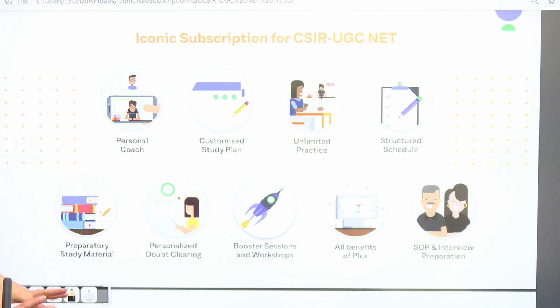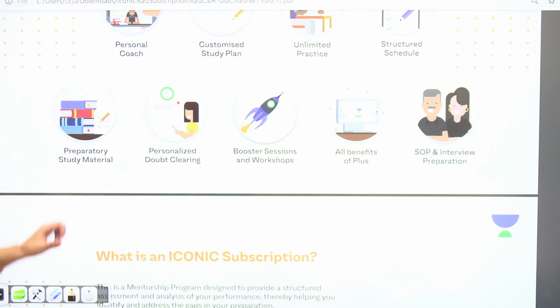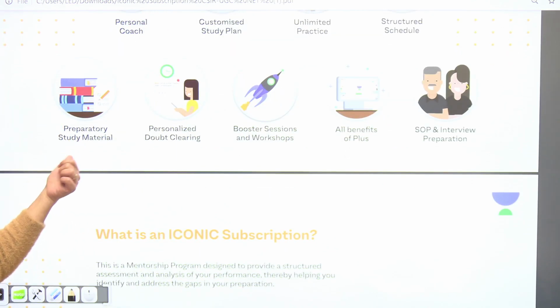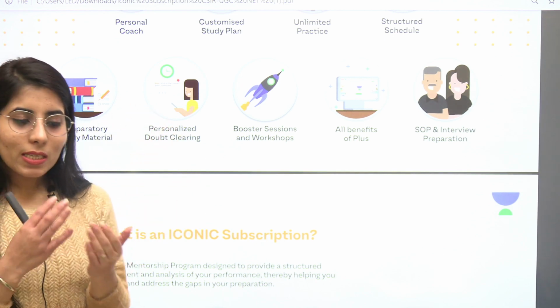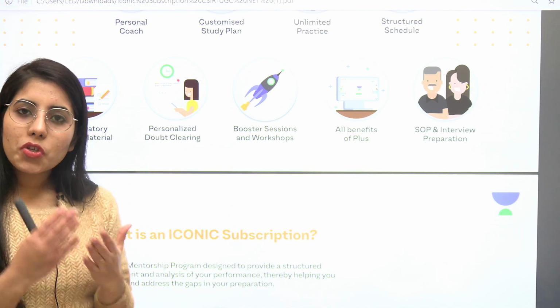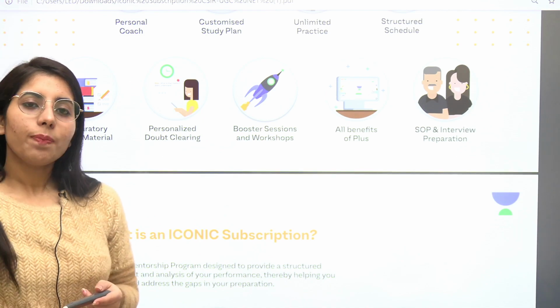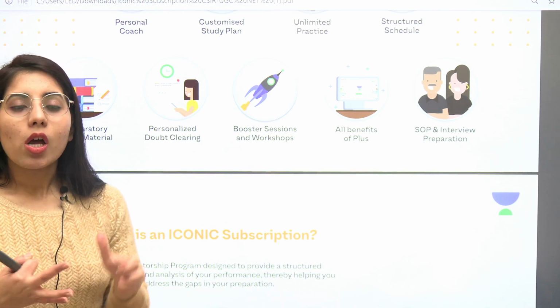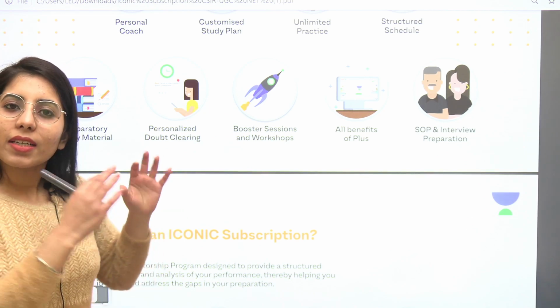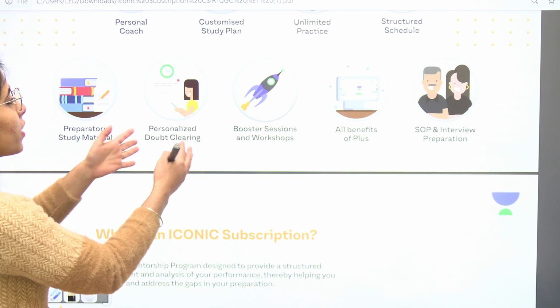A structured schedule will be there. Preparatory study material will be available. Personalized doubt clearing sessions will be there. That means if you have some doubts, you can ask the experts, the personal coach or the educators. This will be the facility you will get.